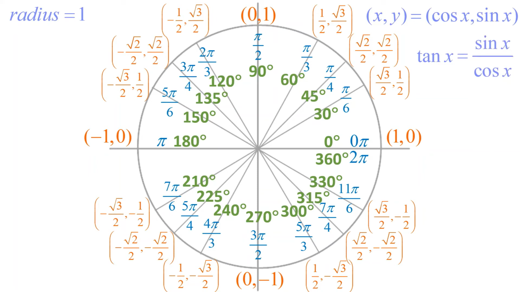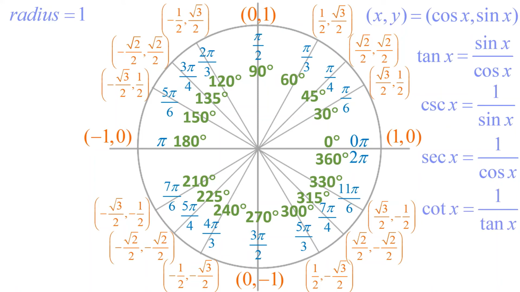We also want to recall that the tangent is equal to sine over cosine. And for the other 3 trig functions, we just use reciprocals. This information will help us evaluate many, infinitely many trig values of special angles on the unit circle.